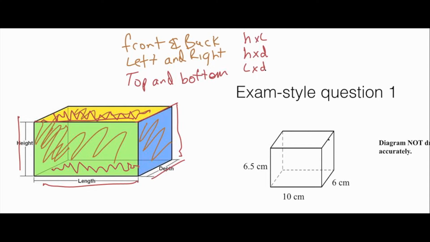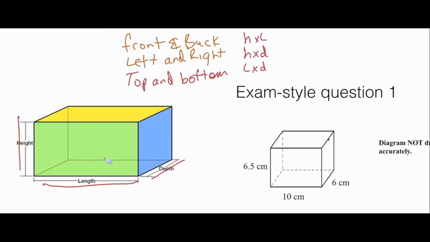Now the height, the length and the depth, or the height, the width and the length, you can call it whatever you like. They can be interchangeable, as long as when you calculate each side you keep that value for it.